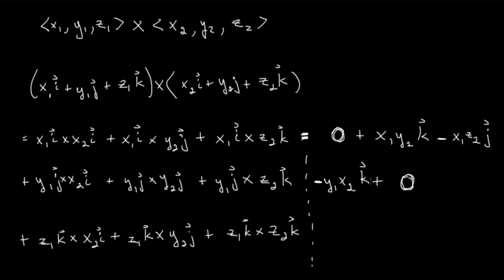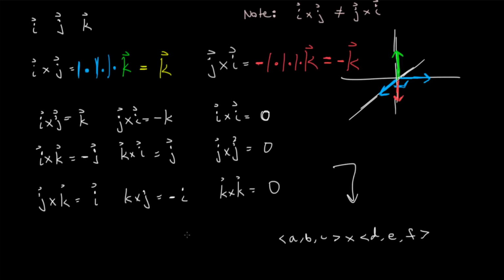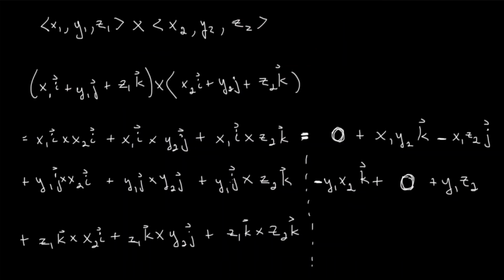And then over here, y1 z2 is the magnitude. And then j cross k, you can break out your right hand and point your fingers in the appropriate directions, or you can just go back in your notes. j cross k is i. j cross k is in the positive i direction. And this last one I'm going to do real quick.